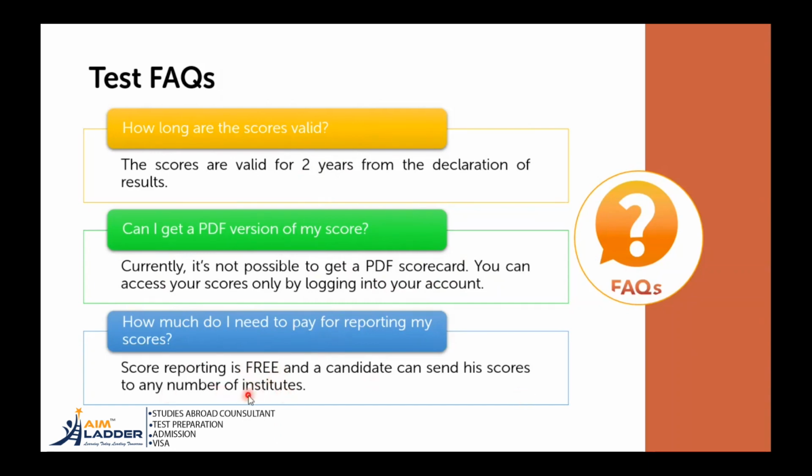So the candidates get a list of institutes that are registered and are accepting the Duolingo test, and the candidate can send his scores to all those institutes if he wishes to, and it's for free. So there's no extra charge to send scores to any number of institutions. So this is again a very important point that you should have in mind.